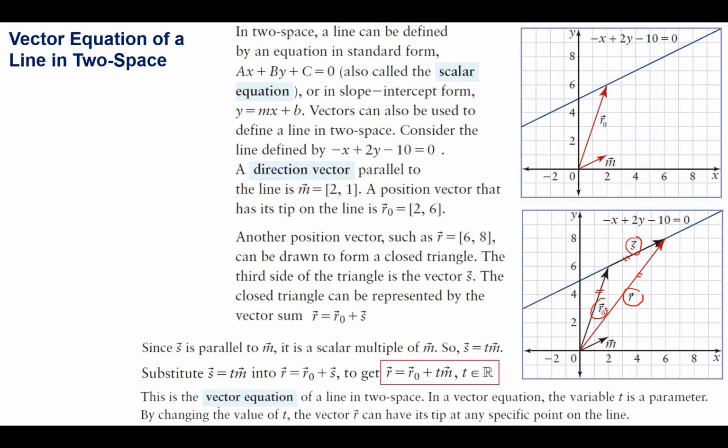So this is called the vector equation of a line in two space. In a vector equation, the variable t is a parameter. By changing the value of t, the vector r can have its tip at any specific point on the line. Okay, I'll give you some time to have a look at the concept here. Any questions, just let me know, okay?